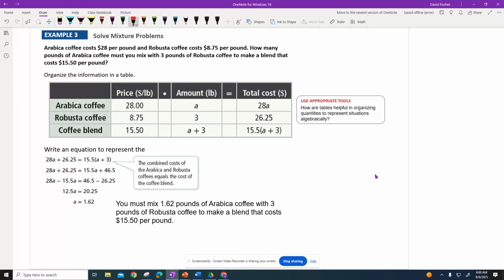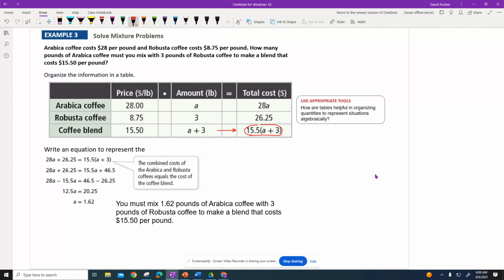Okay, so now that helps me down here because when I write this, it has to be at $15.50 a pound. I don't know how much Arabic coffee I'm buying, but I do know how much Robusta I'm buying, 3 pounds. So here's my total going across this way. Okay, so that's what they have here on one side of our equal sign. $15.50 times the amount of Arabic coffee plus 3 pounds of this.